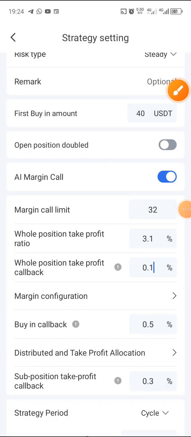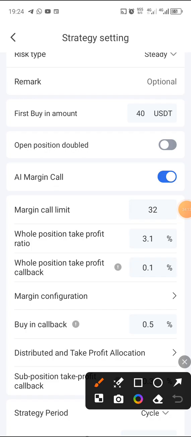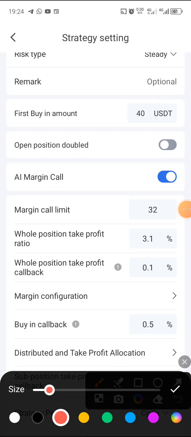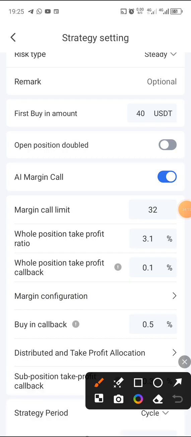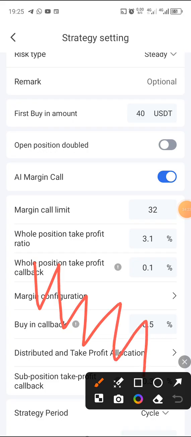Moving on to the buying callback. I know now you know what callback is. Even if the market is on a downward trend, it makes that kind of thing, the callback. So when it drops and tries to rise, this is the buying callback.